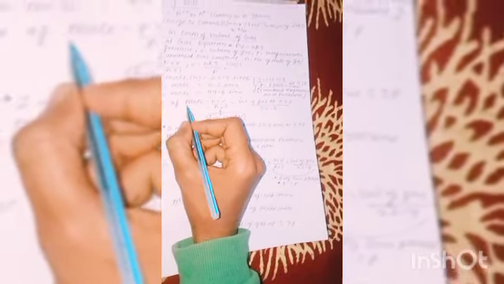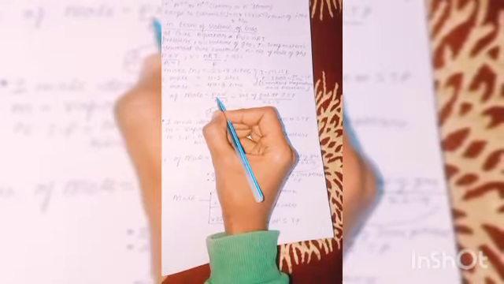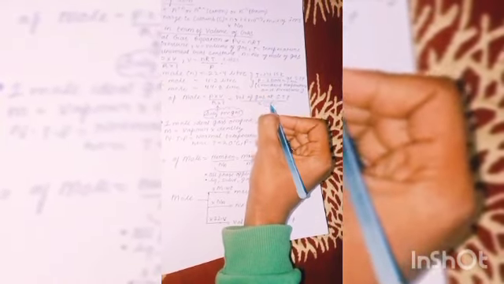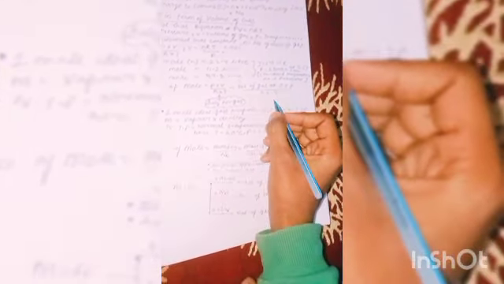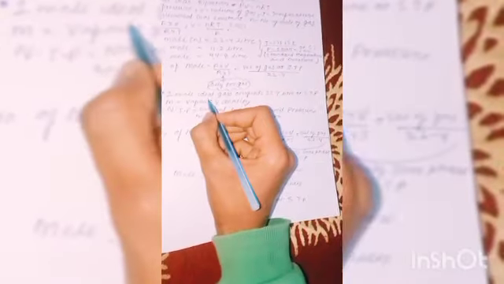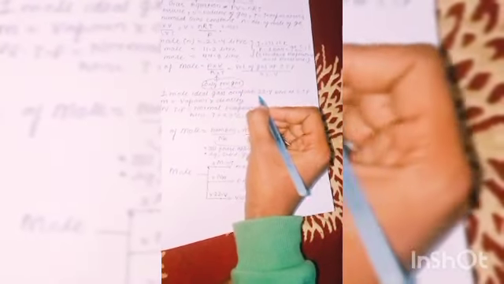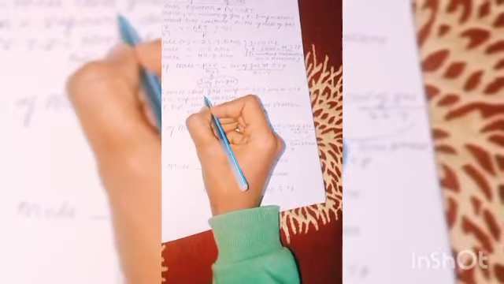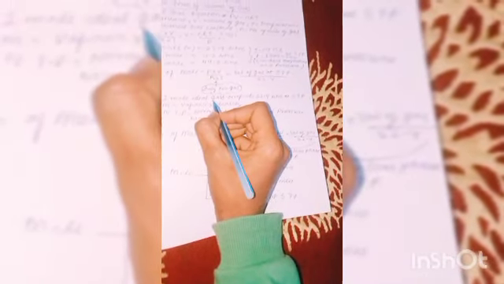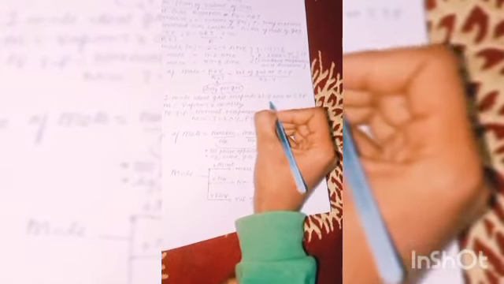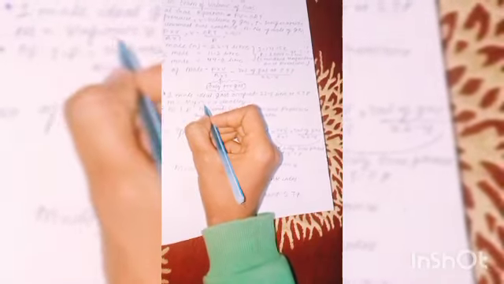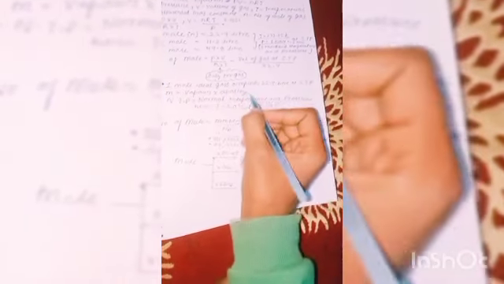And for finding number of moles, we have to do PV upon RT, or volume of gas at STP upon 22.4 liter. Okay, 1 mole of ideal gas occupies 22.4 liter at STP. Here mole is equal to vapor density also.